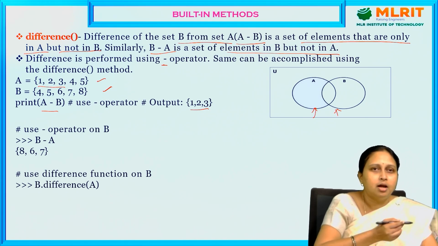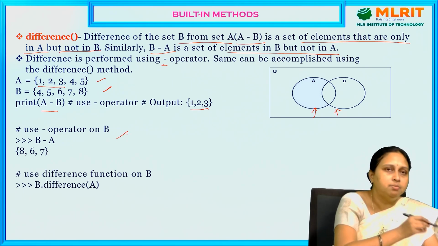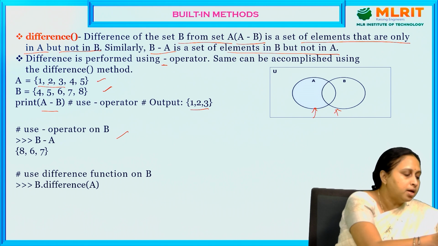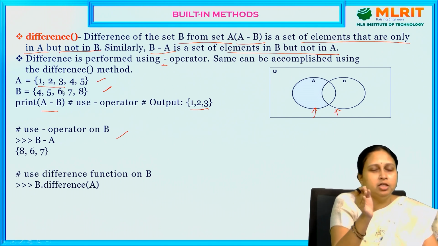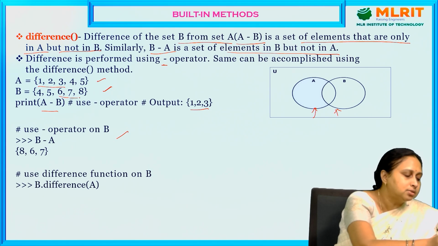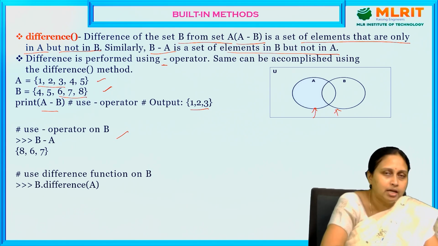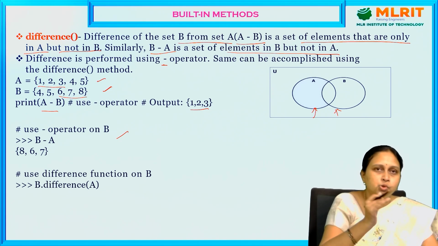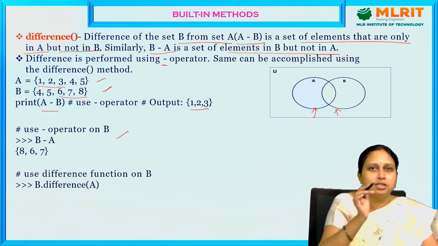Right? Now, the same thing if you are going to use an operator on B, B minus A, if I am going to take B minus A, it means only of B we need to take, we should not go for A. That means what are the elements only in B? You have 6, 7, 8, and we are supposed to leave the A value and the intersection part of it.